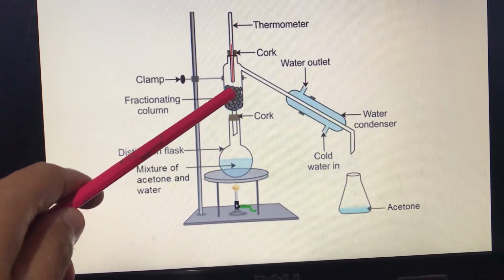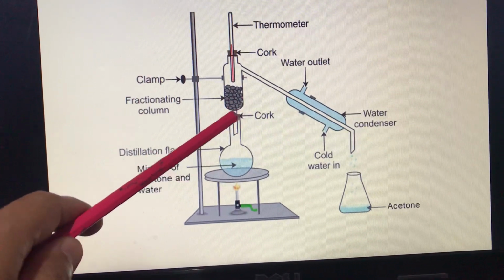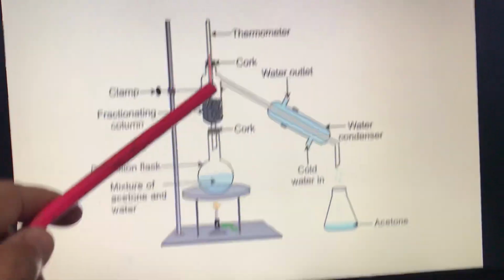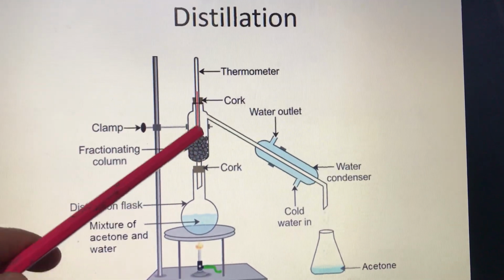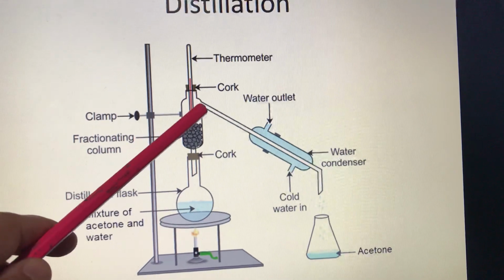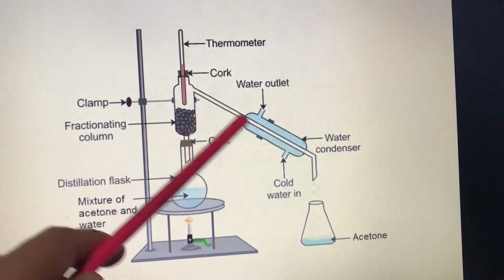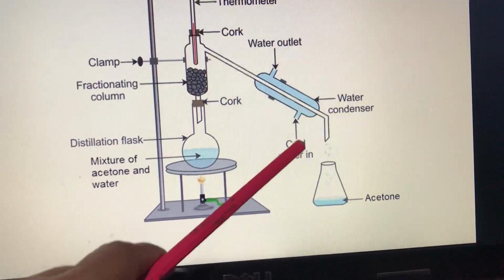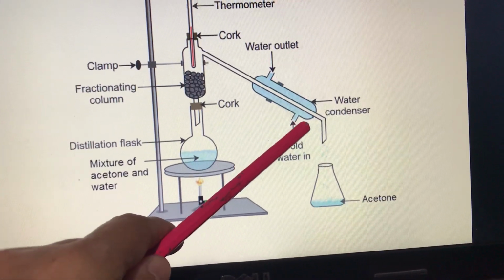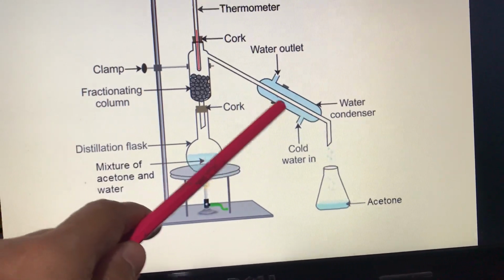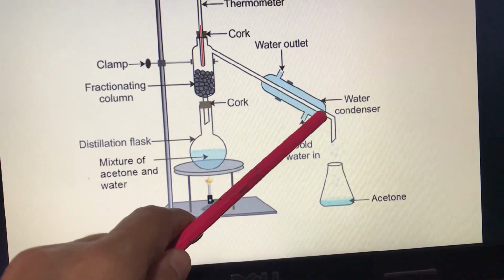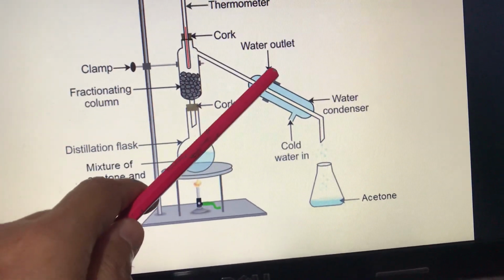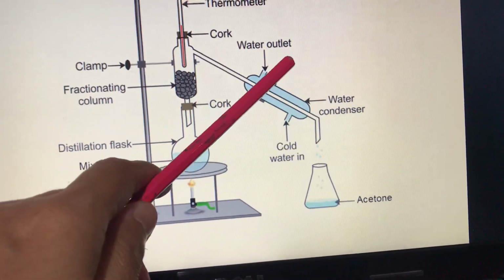It consists of some glass beads which provide some surface area for cooling of the vapors. Then these vapors are passed through a condenser. This condenser is continuously filled with cold water. Cold water comes from this inlet, and the water which becomes warm due to the hot vapors is let outside through this water outlet.